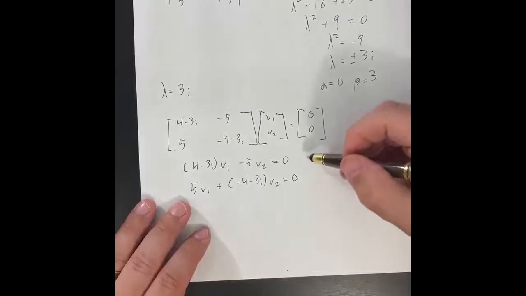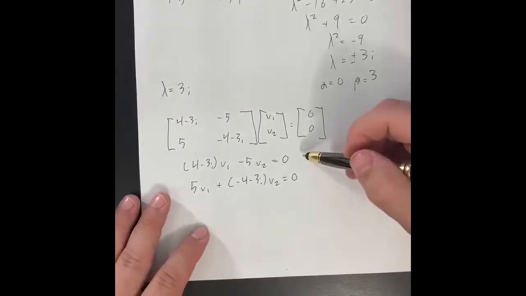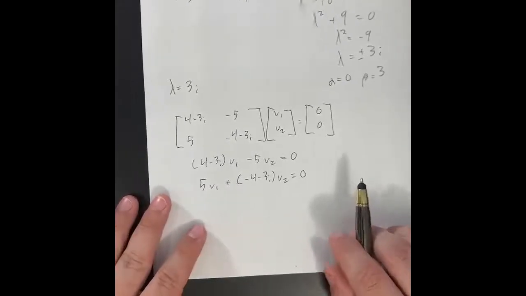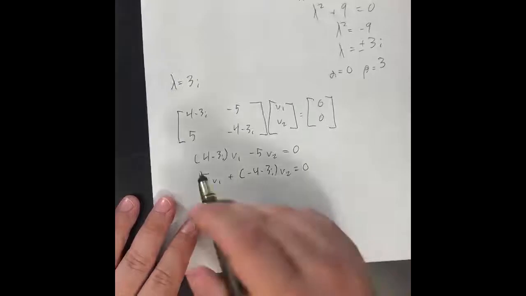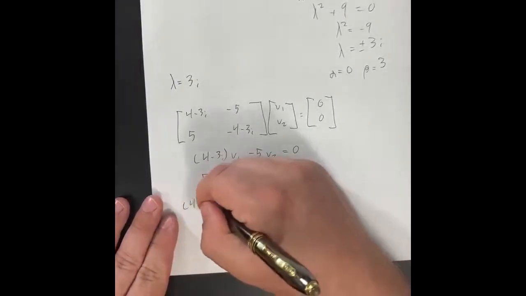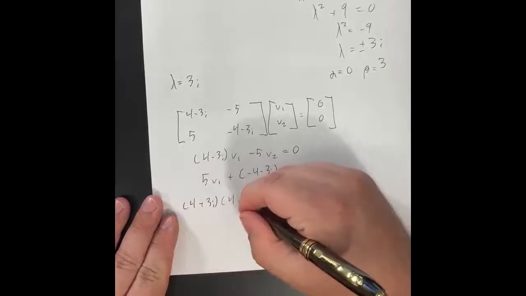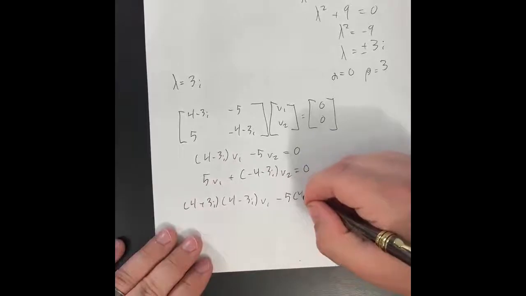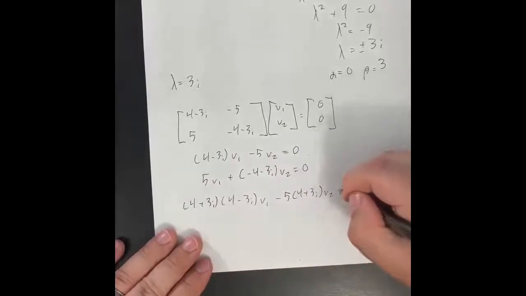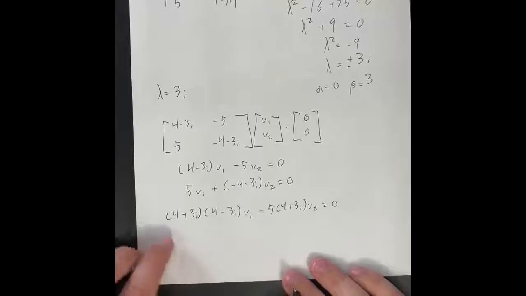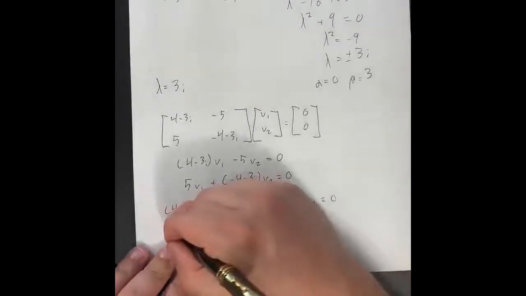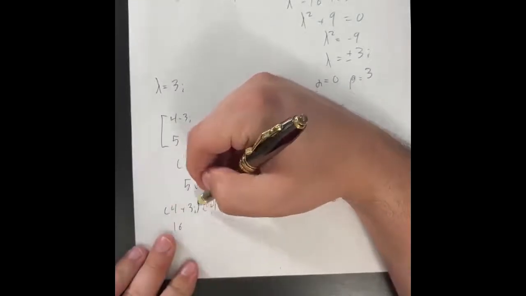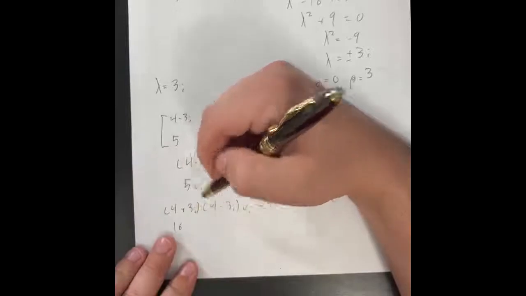It's not immediately clear that these are the same equation, but you can show that by multiplying by a conjugate. If we multiply the first equation by the complex conjugate, 4 plus 3i, minus 5 times 4 plus 3i, and simplify: 4 times 4 is 16. 4 times minus 3i is negative 12i, but then we have a plus 3i times 4, which is plus 12i, those cancel.